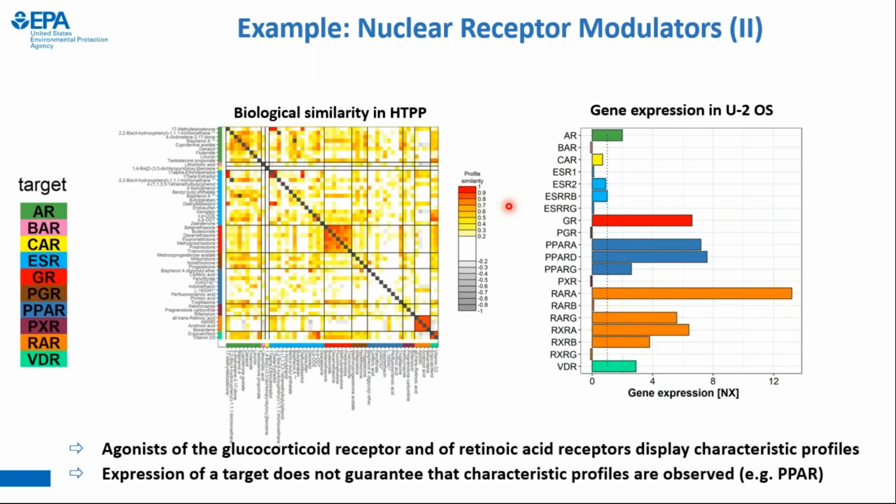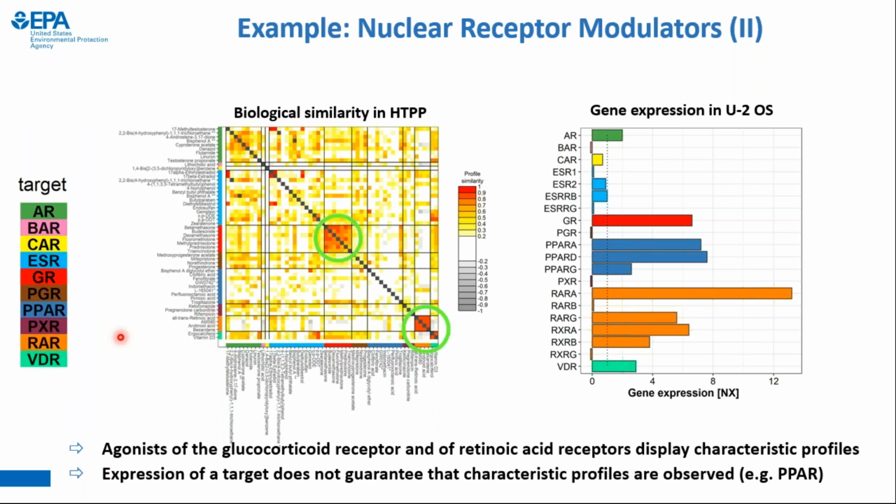Next, we finally wanted to look at the profiles and compare the profiles of different chemicals. Here to the left, you can see a correlation matrix where I compared the phenotypic profiles of each of the chemicals against all the other chemicals. They are ordered here by the color code according to their target.